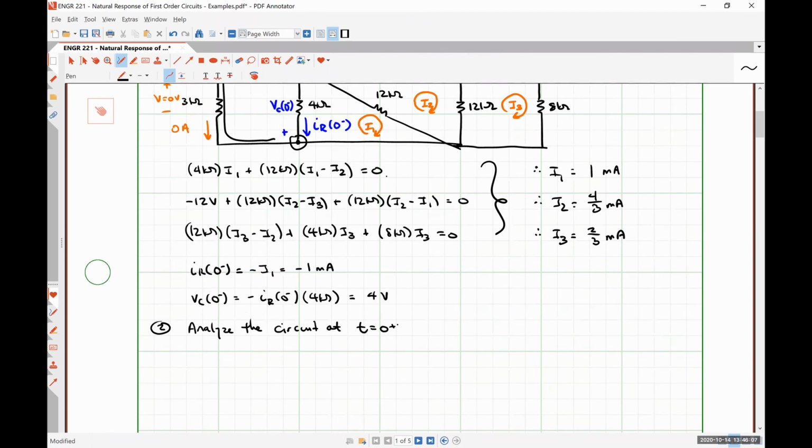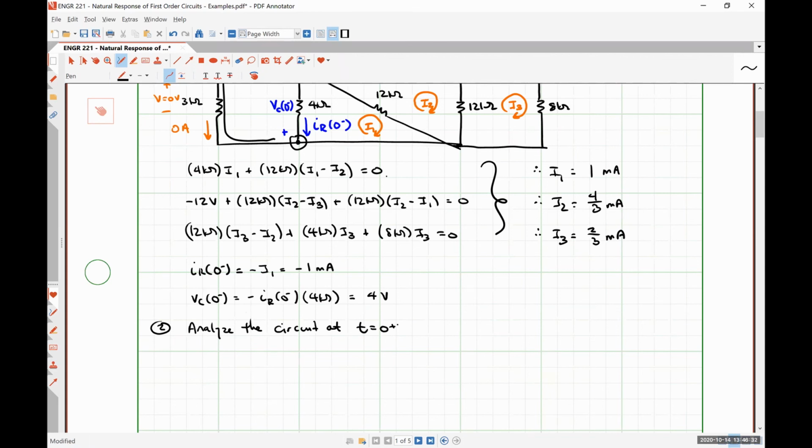It was closed, so this is the instant after it opens up and disconnects the 12 volt source from the rest of the circuit. It's critically important to realize that we are now no longer at DC steady state, because we have instituted some change, which is going to cause currents to change, voltages to change, etc.